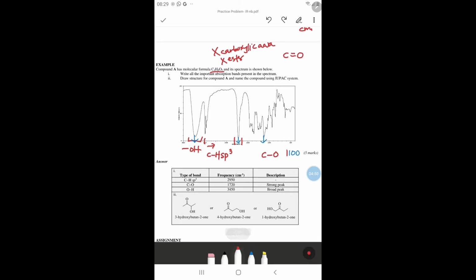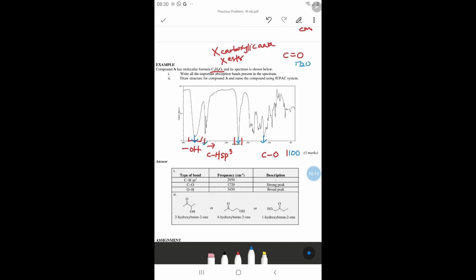So you already have all the information, and the next question is how to gather all the information so that you can come up with the structure of the compound. You already have your C double bond O, which is around 1720 or 1710, and then you have your OH.